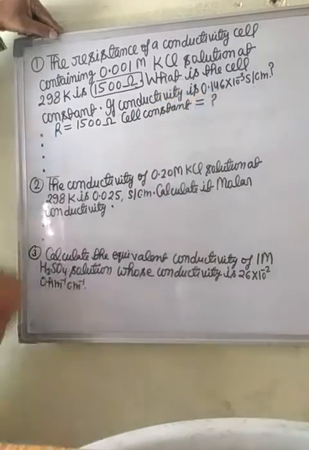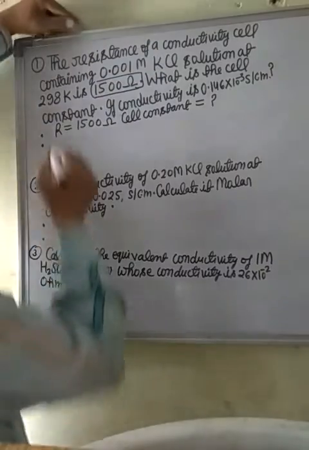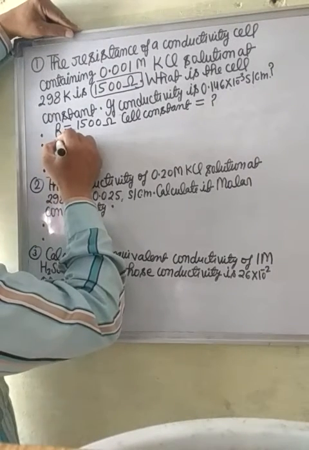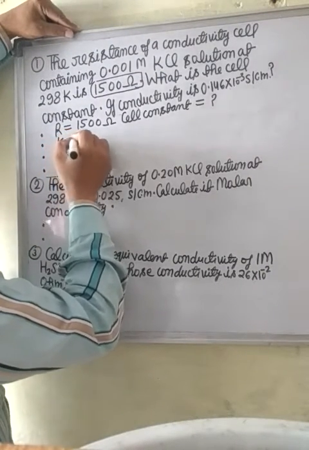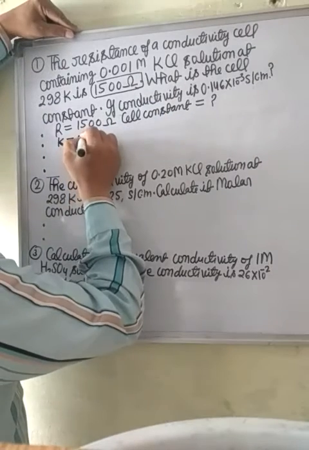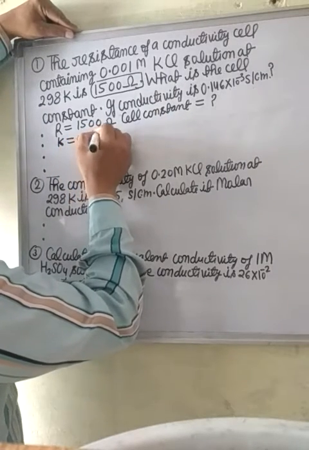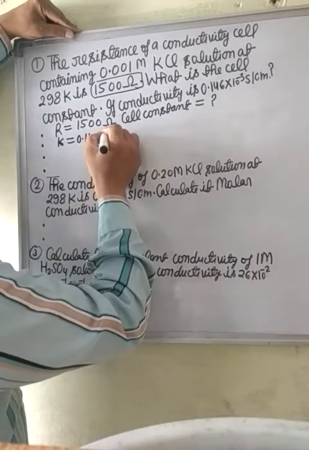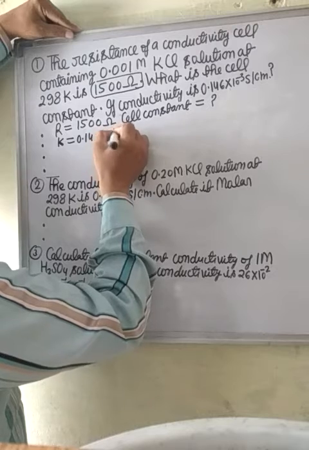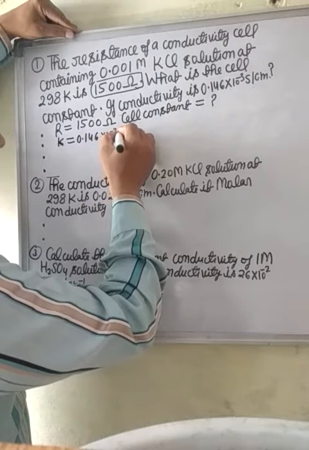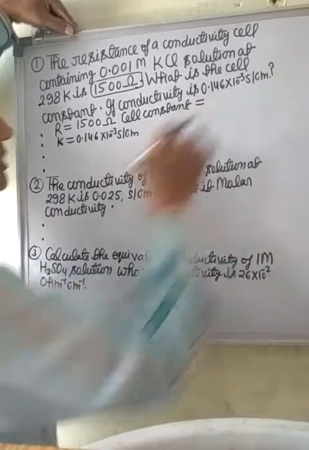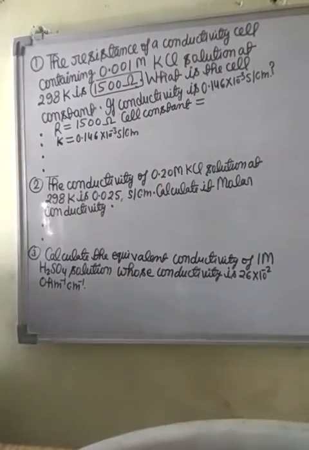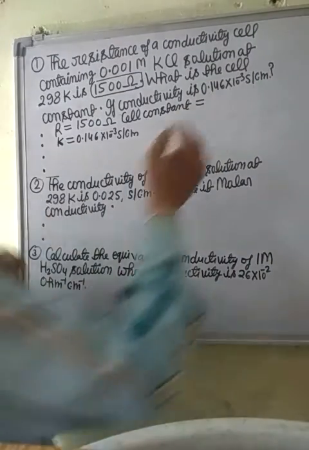Okay students. The conductivity is denoted by kappa, and kappa is given as 0.146 into 10 to the power minus 3 Siemens per centimeter. Dear student, you know very well the formula of cell constant is conductivity upon conductance.